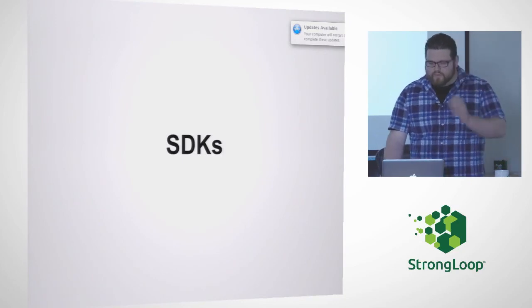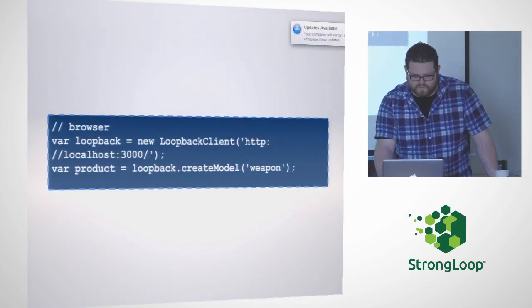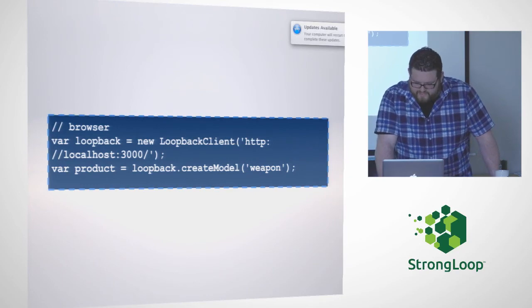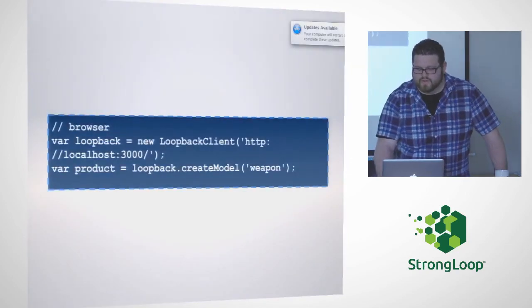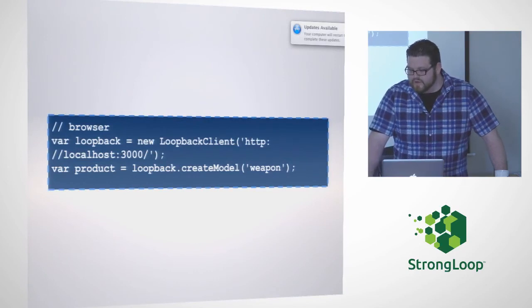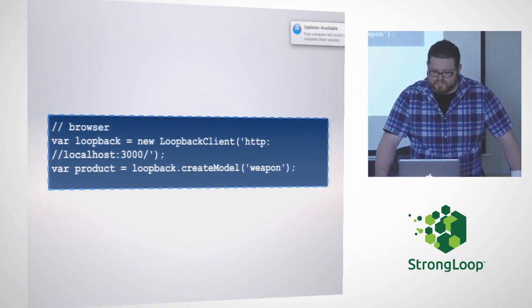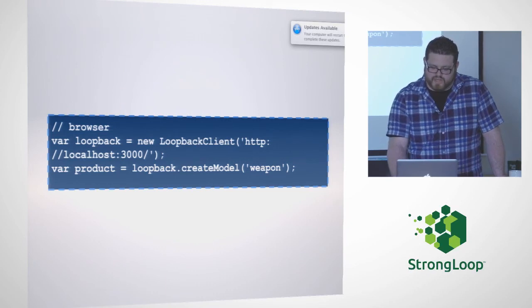So far we've been talking about REST, but think of it from the perspective of a mobile developer, of which apparently there are not that many in the audience. In the browser, using Angular, I could create resources, or with Backbone, I could create collections against the correct URLs, or you can use one of our SDKs.